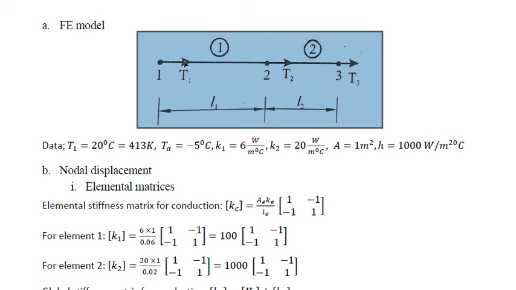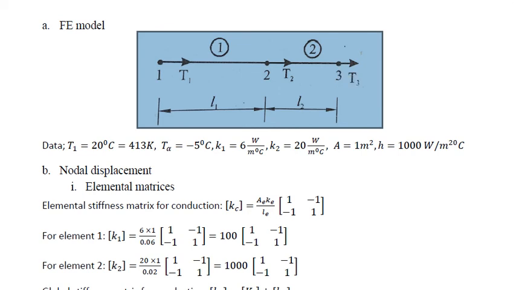T1 is the temperature at node 1, which is given as 20 degrees centigrade. T2 we have to find and T3 we have to find. Here temperature is the variable. T1, T2, T3 are the temperatures, known as variables. We have to find T2 and T3, the nodal temperatures.